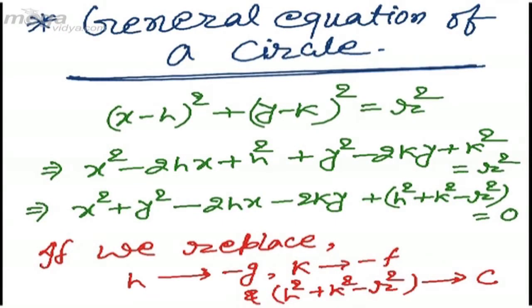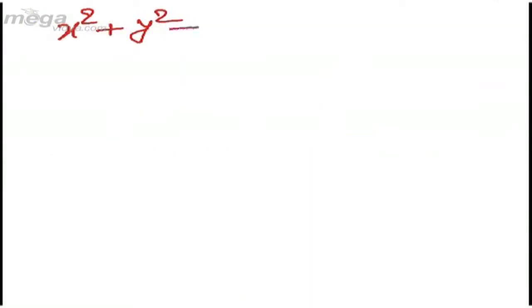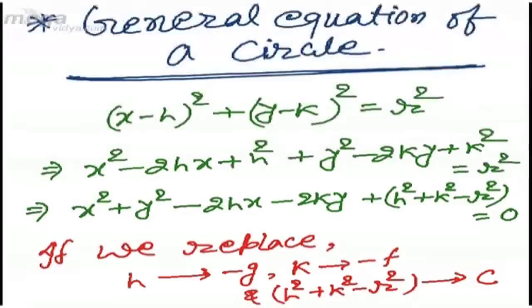Here it is minus 2hx, h is replaced by minus g, so it becomes minus 2 into minus g into x, that is plus 2gx.